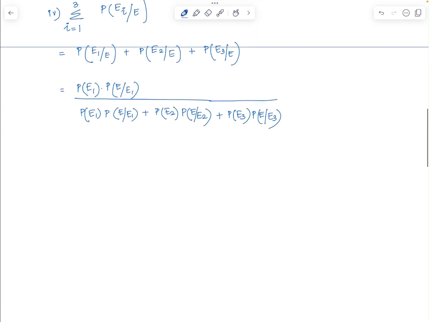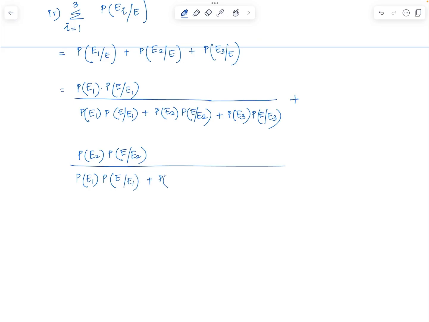The same way for the second term, P of E2 times P of E given E2 by P of E1 into P of E given E1 plus P of E2 times P of E given E2 plus P of E3 times P of E given E3.